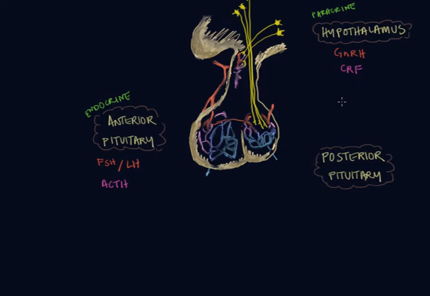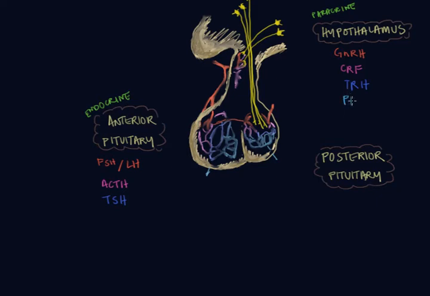So the hypothalamus, continuing on in that relationship, secretes thyrotropin releasing hormone, which stimulates the production of thyroid stimulating hormone by the anterior pituitary, and that's going to go down to the thyroid gland to stimulate the thyroid gland to release its hormones.